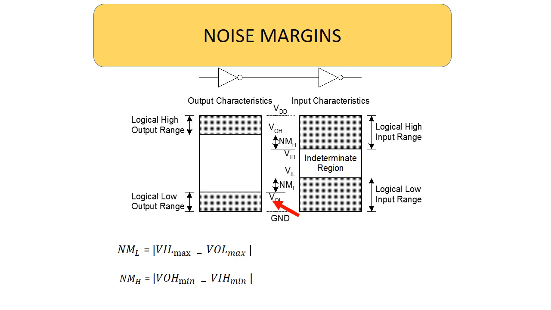The fourth term being VOL maximum, which is the maximum low output voltage. This leads us to NML is equal to magnitude of VIL max minus VOL max and NMH is equal to magnitude of VOH minimum minus VIH minimum.